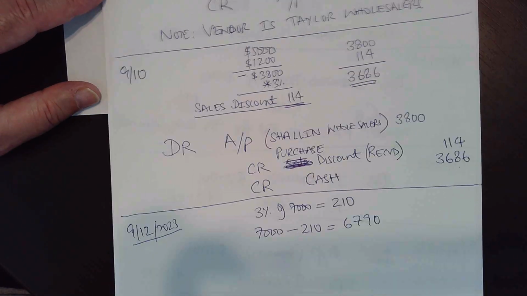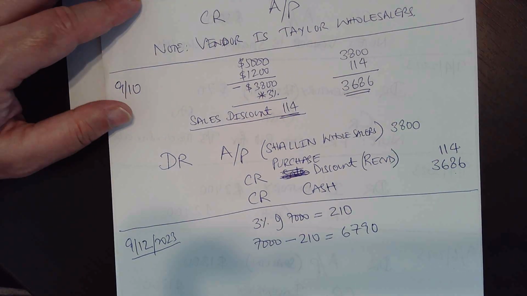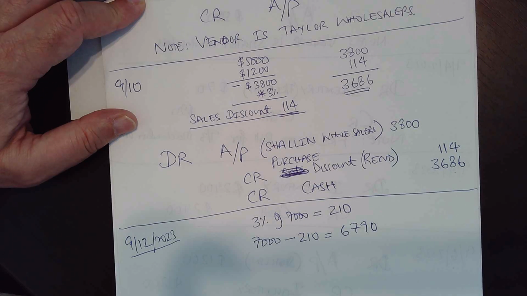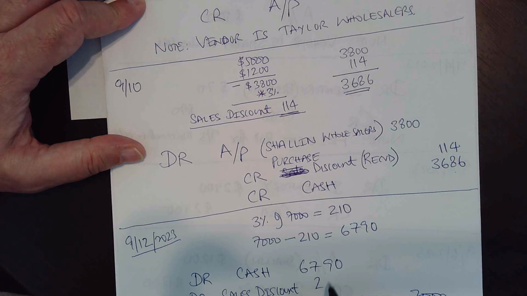All right, so we are making a receipt of payment from Hilton Company less discount. So how much cash? We are receiving, debit cash for $6,790, and we are crediting accounts receivable for $7,000. So we're going to debit another one called sales discount, that has been given, for $210. Okay.